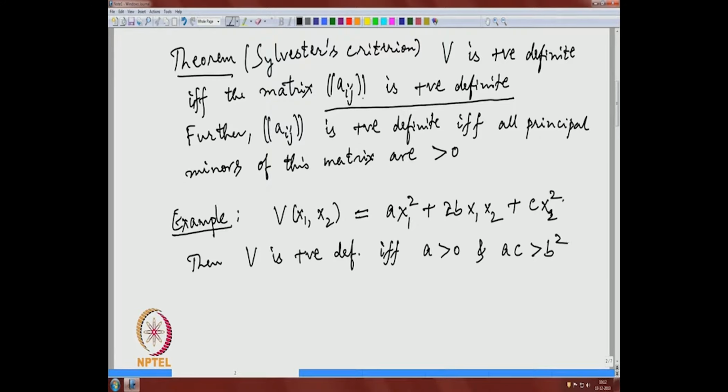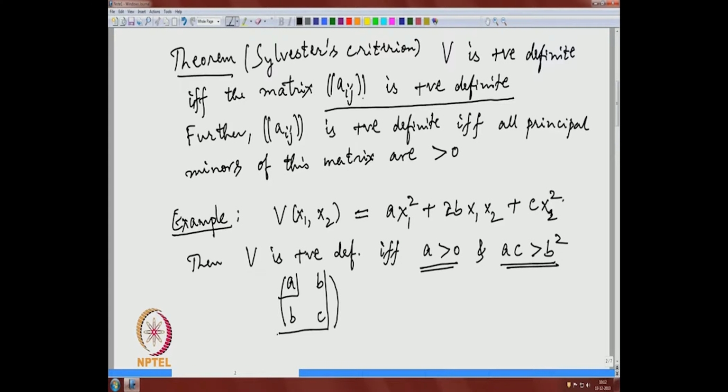In this case the coefficient matrix is just AB, BC, and the principal minors are the determinants of this 1 by 1 and 2 by 2 matrix, and that is what the Sylvester criterion says. Both the determinants are positive. So, A is positive and then the determinant of the second principal minor, that is the whole matrix, AC minus B squared, is also positive, and that says AC is bigger than B squared.